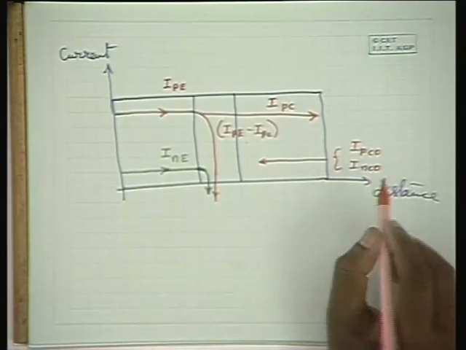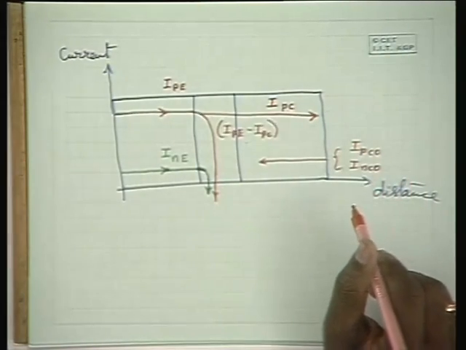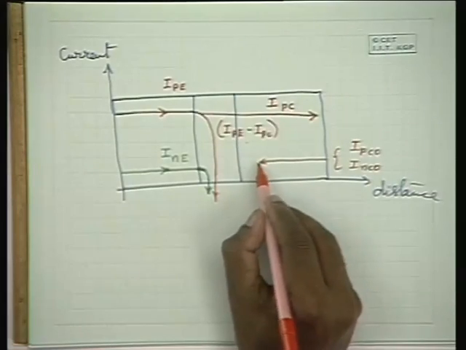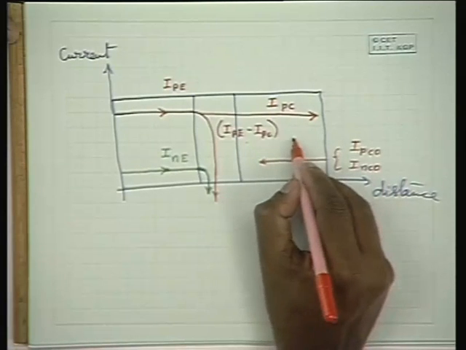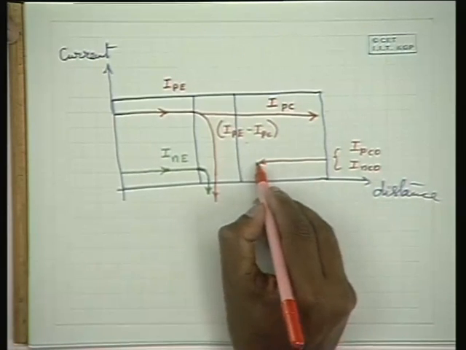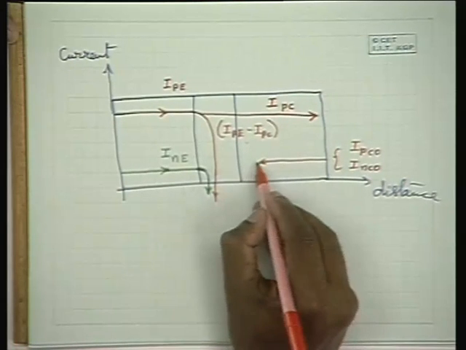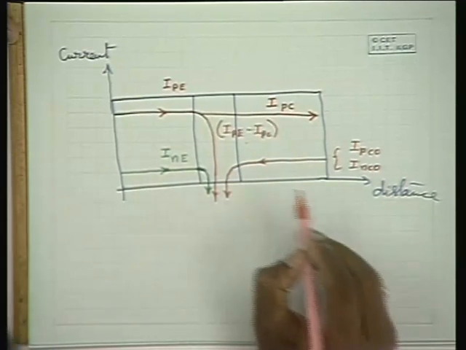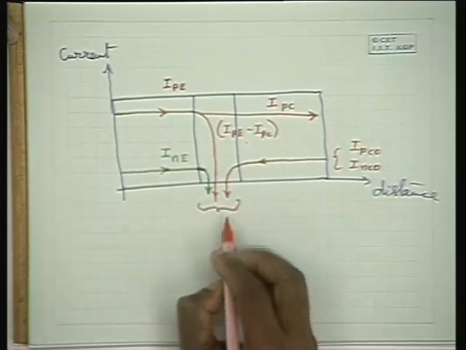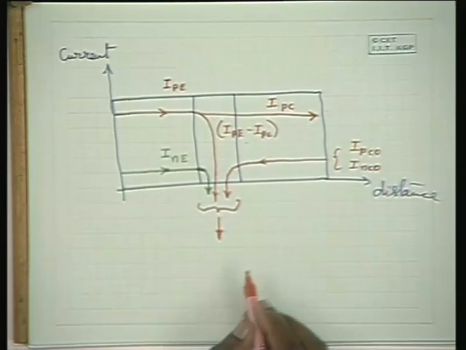So it is due to summation of the drift of these two, and this current naturally is between the reverse biased collector junction, the collector to the P side here and then N side over here. Therefore this current also flows in this direction. Hence, this whole thing amounts to some current flowing in this direction.